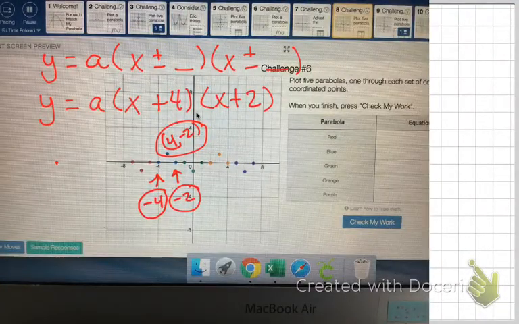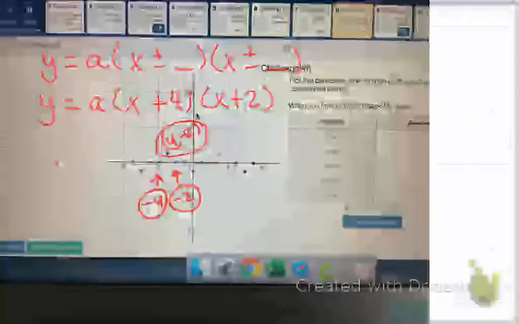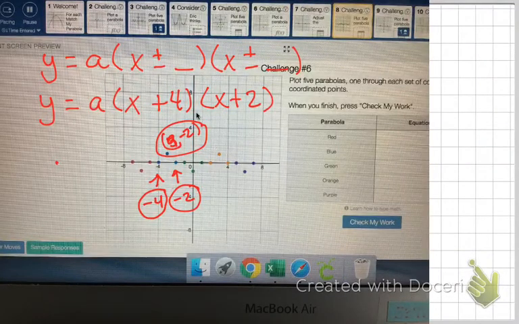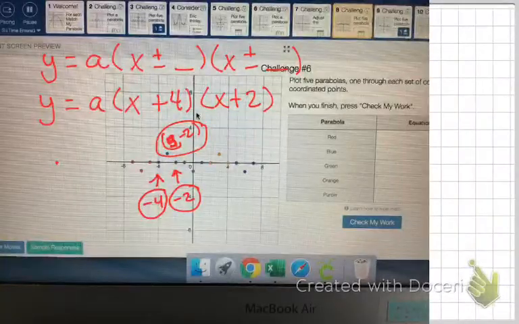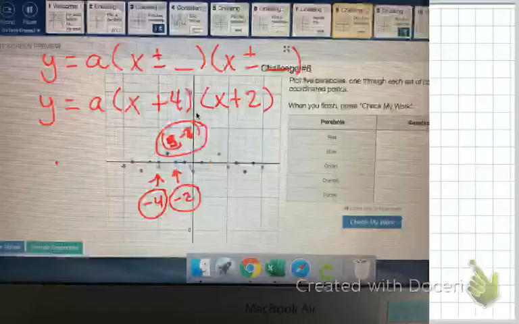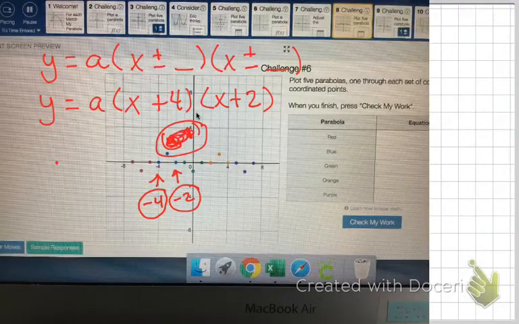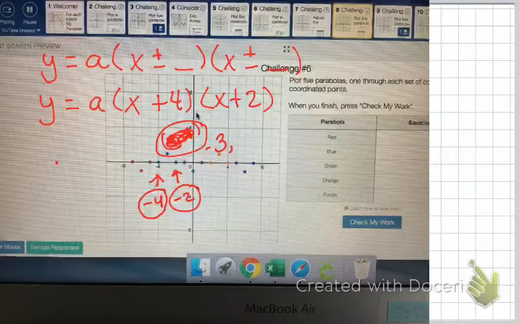So this is saying if we know what our vertex is. Oh, sorry, that's not 4, that's a 3. 3 and 1. Not a negative. Let me fix that. Sorry. 3 and 1. All right. So we know what these are.